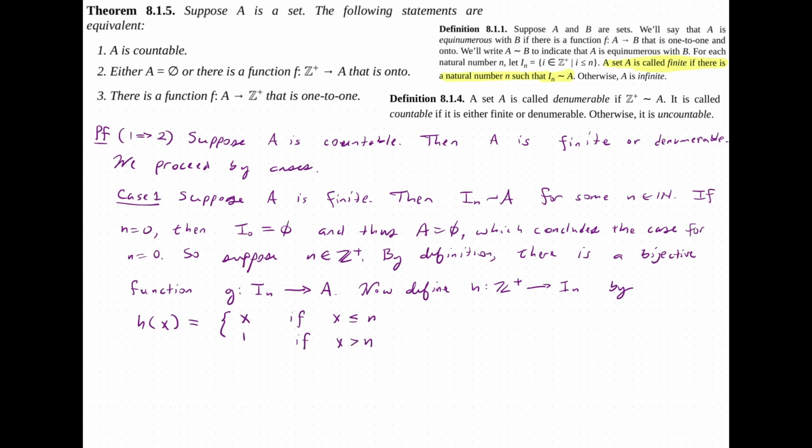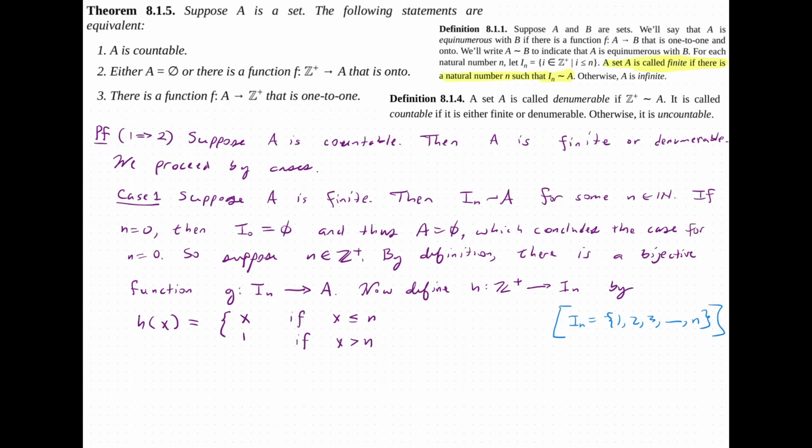So what am I doing here? We know that I sub n is going to be the set of numbers less than or equal to n. And so this is going to look like 1, 2, 3, and then we're just going to go all the way until we get to n. So that's the set I sub n.